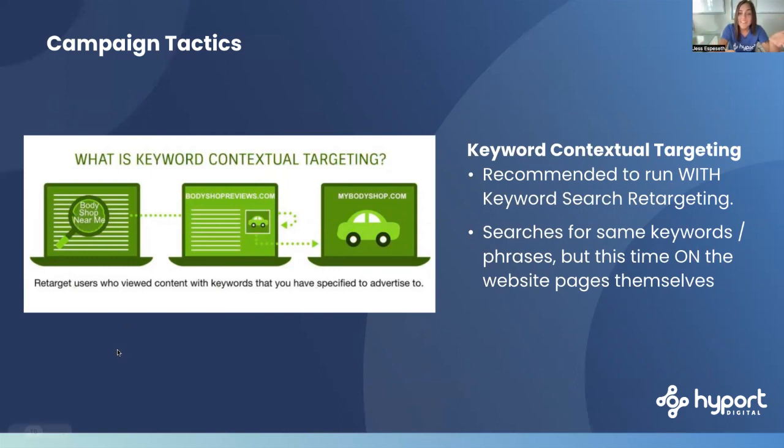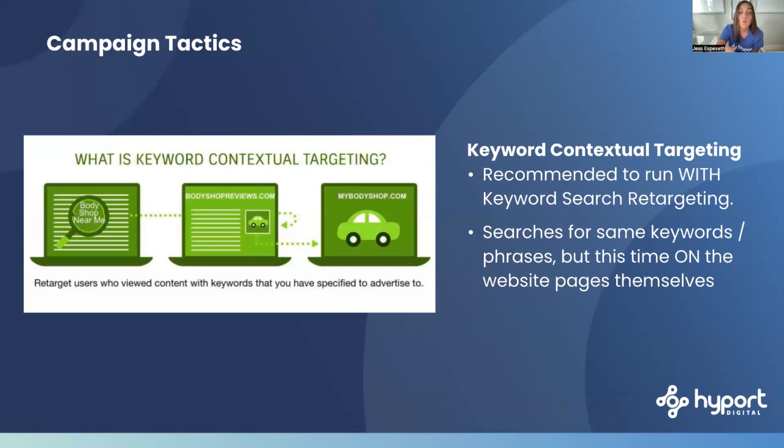What this does is it gives us the ability to target people that are visiting websites that have these words embedded inside of their articles. So remember, the keyword search was they had to go and type in these keywords or phrases and be actively searching for it. With contextual, the user just has to be visiting a website that has those keywords or phrases present in their content.